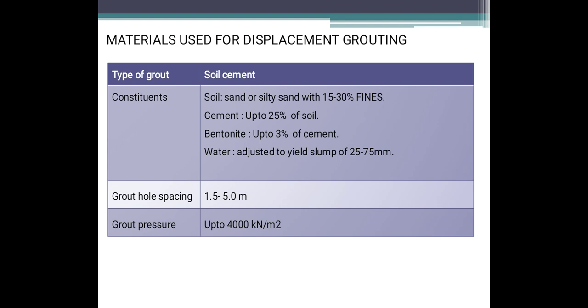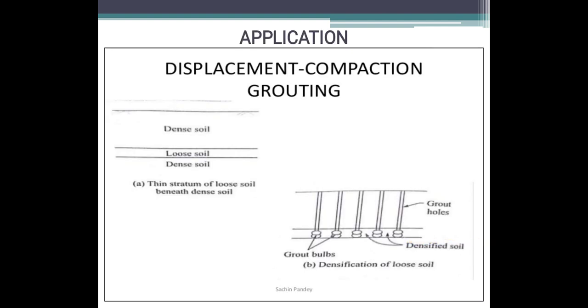Water, which is adjusted to yield a slump of 25 to 75 mm. Grout hole spacing we can use 1.5 to 5 meters. While injecting the grout we have to maintain some pressure so that it will form the particular bulb, so that it will displace the surrounding soil. Up to 4000 kilonewton per meter square we can use.